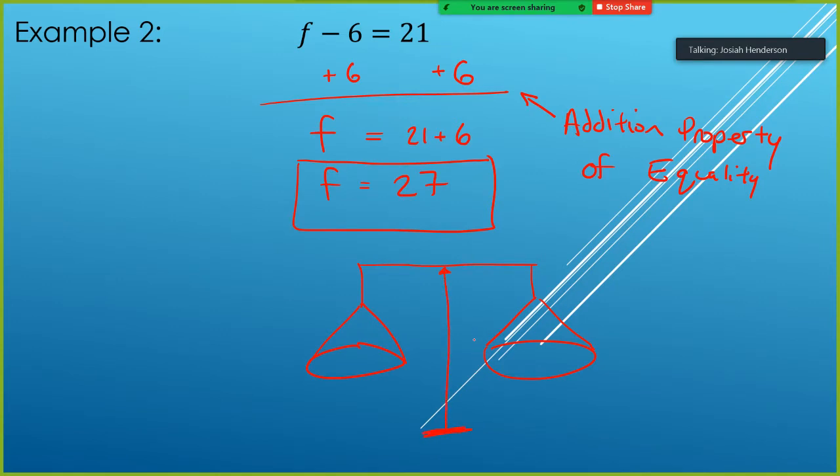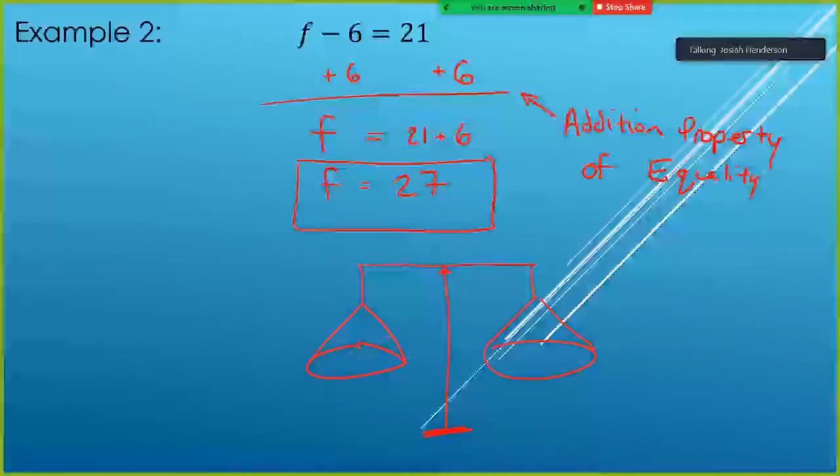But if you wanted to keep them level, then we would have to add or subtract the same amount from both sides. So this is me adding 6 pounds to both sides of my scales. As long as I do the same thing to both sides, it keeps it equal and it keeps it even and it keeps it true.